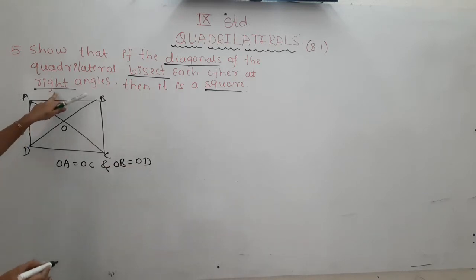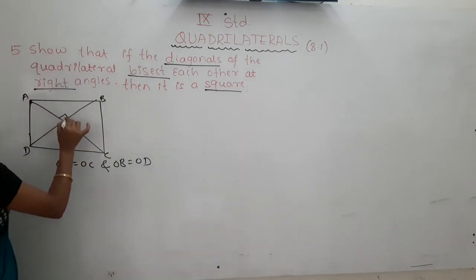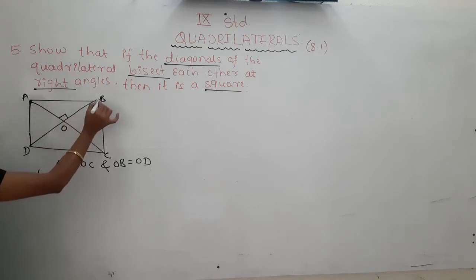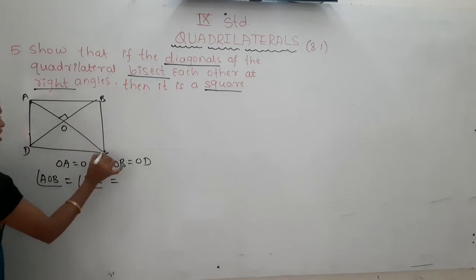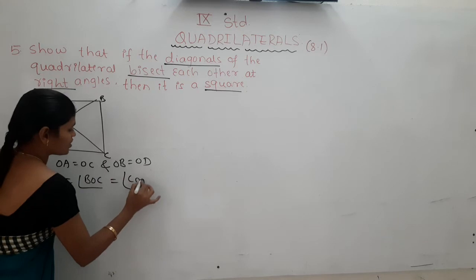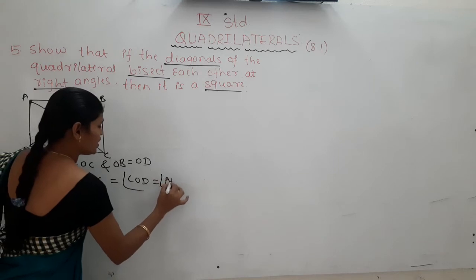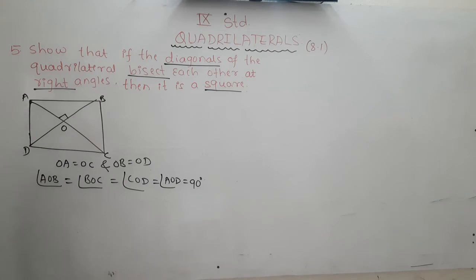And one more thing, they bisect each other at right angles, so all these angles are equal to 90 degrees. That means angle AOB, which is the same as angle DOC, which is the same as angle COD, which is also the same as angle DOA or AOD, is 90 degrees. This is the given thing. Now we have to prove that this is a square.